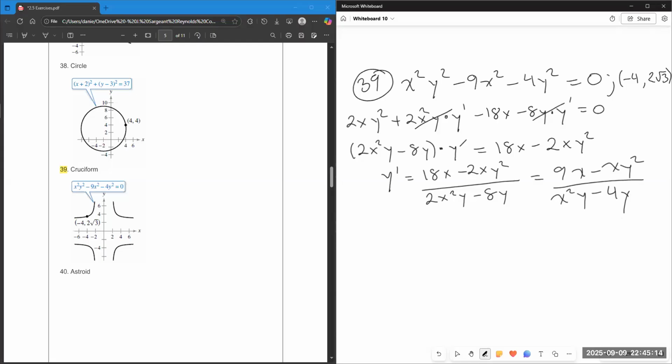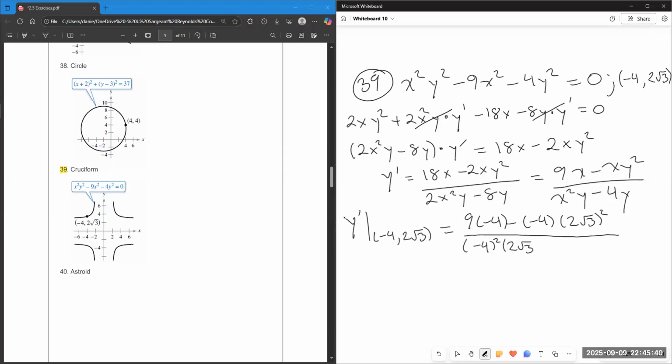Now we're going to evaluate that at the point (-4, 2√3). So 9 times -4 minus -4 times (2√3) squared over (-4) squared times 2√3 minus 4 times 2√3.